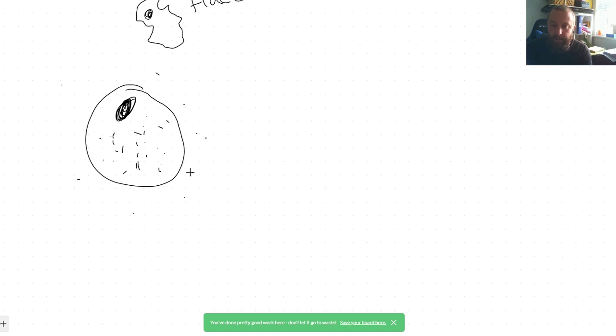Nice and quick and easy. This means we've now got a high concentration of water outside and a low concentration inside. Okay? In this case, water is going to move into the cell. So water moves in.